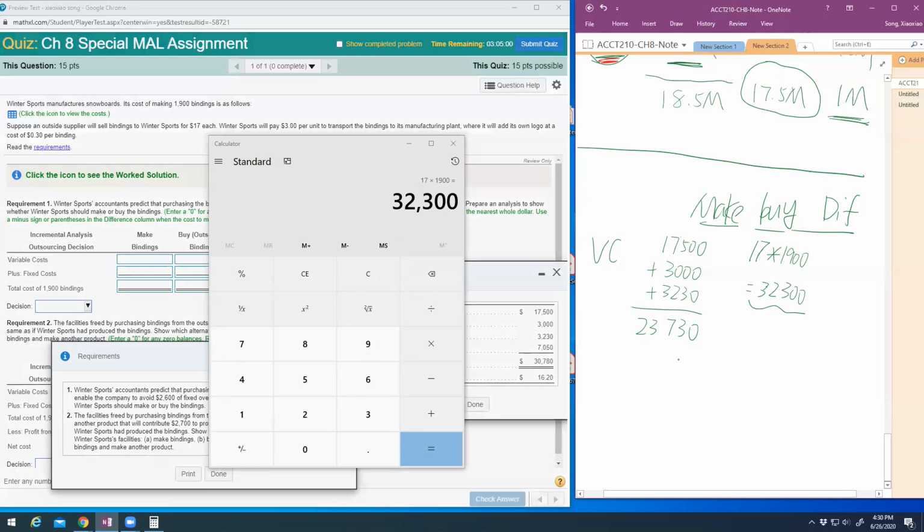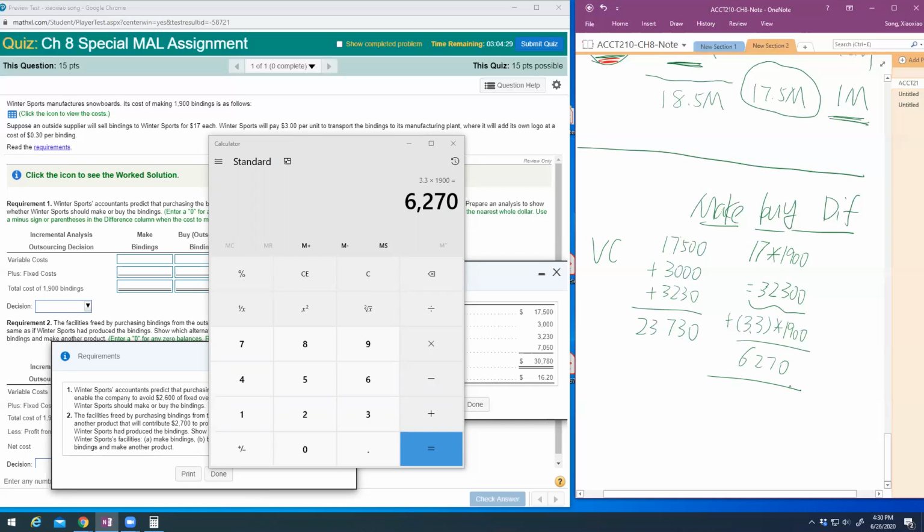Not really, because if you buy, you have to also pay $3 for transportation, and you also need to pay 30 cents for the logo. So you still have to pay $3.30 times the 1,900. So 3.3 times 1,900 units gives you another 6,270.